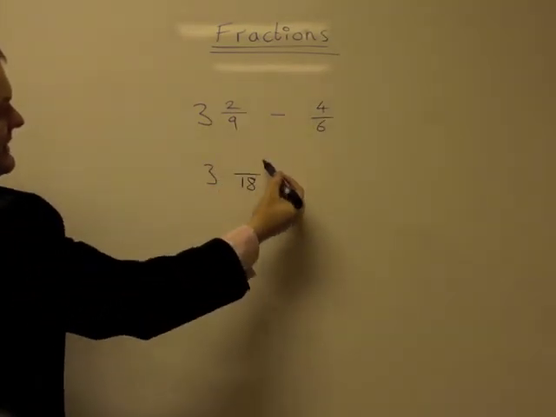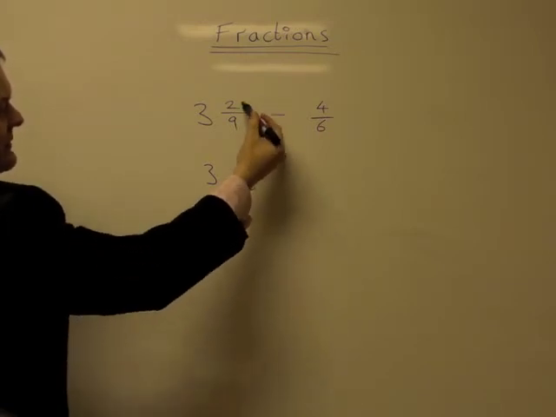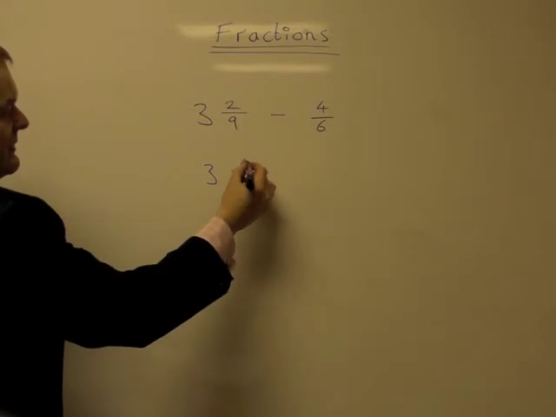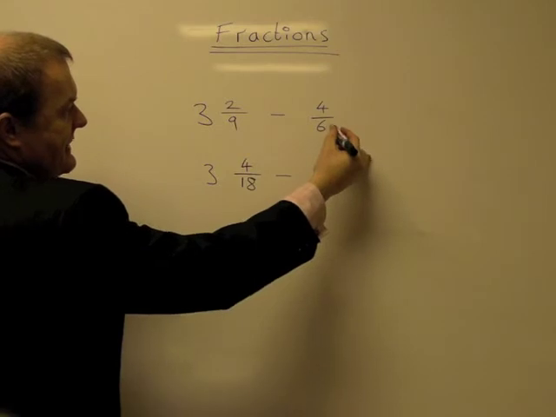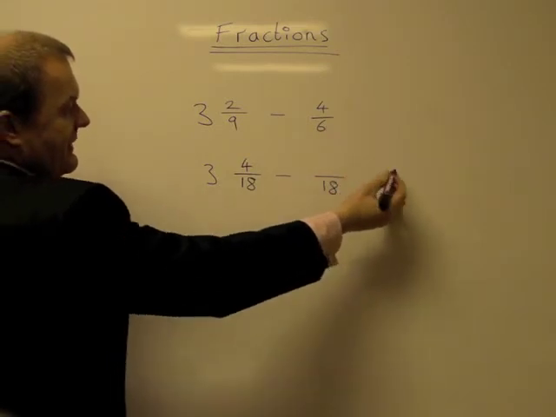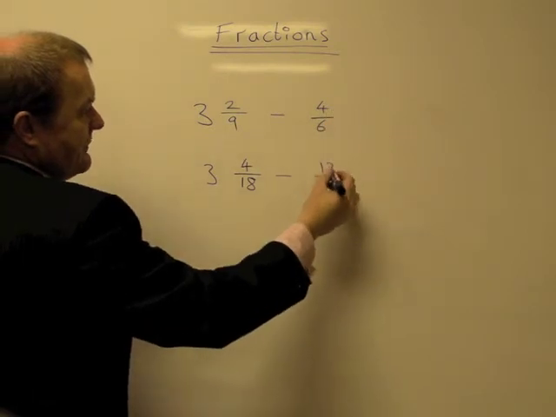So if I change 9s into 18ths, I've got to double my denominator, so scaling up by a factor of 2, I'm going to scale the top up by a factor of 2, so that's 4/18. Changing the 6ths into 18ths, I'm scaling up by a factor of 3, so 3 6s are 18, so 3 4s are 12.